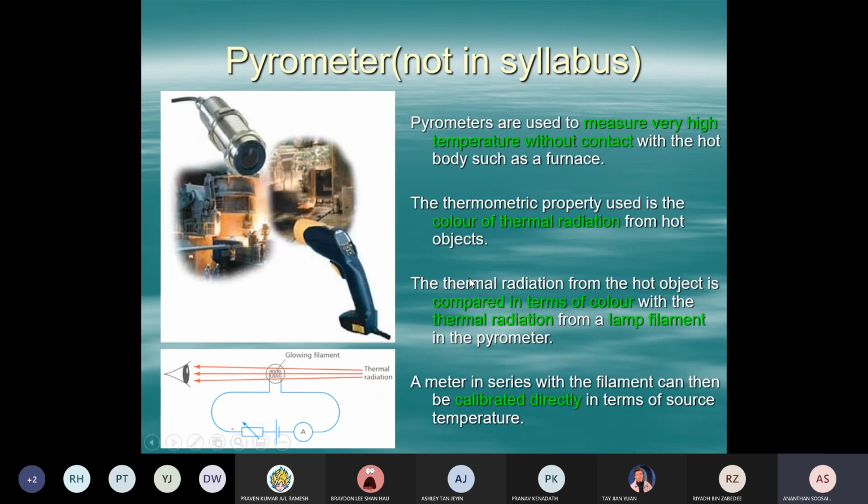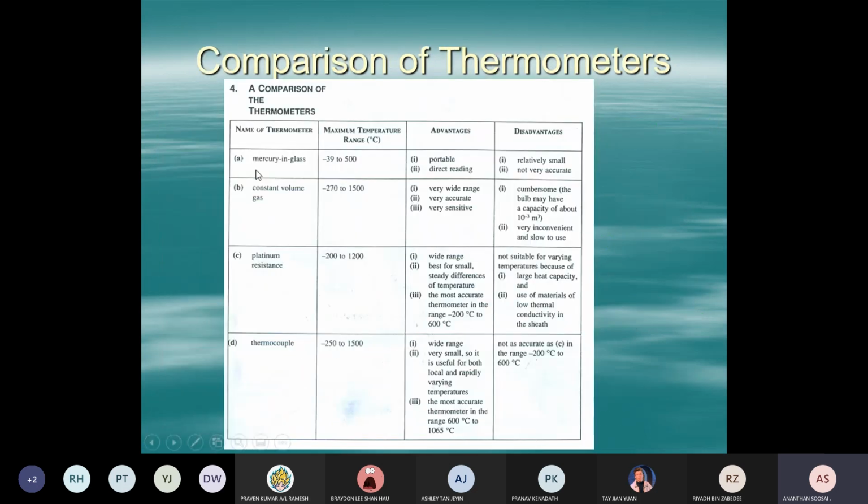So these are the 4 types of thermometers. Where do you use mercury in glass? For clinical use, fast reading, but not accurate. Where do you use the constant volume gas thermometer? Standard temperature, but it is bulky and cannot move around. Where do you use platinum resistance? Melting point and boiling point of a substance.